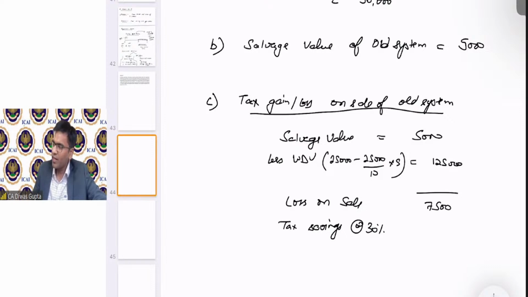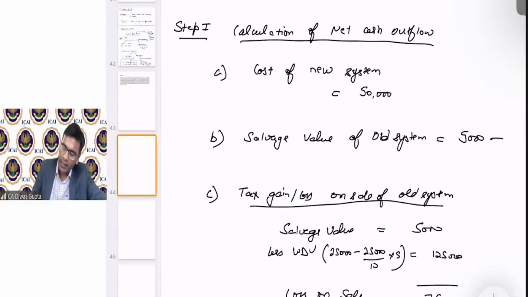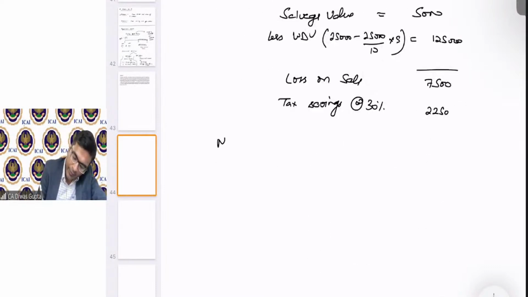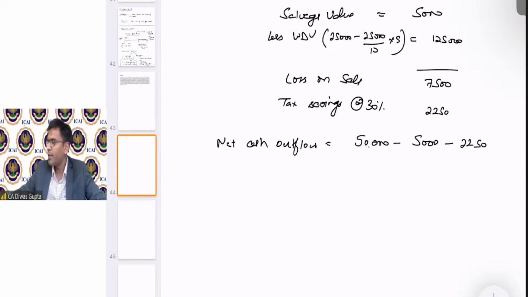This is 2,250, right? So tax will help me to save 2,250. Salvage value will help me to save 5,000 and the initial outflow will be 50,000. So net cash outflow will be 50,000 minus 5,000 minus 2,250. Students, I hope it is clear.